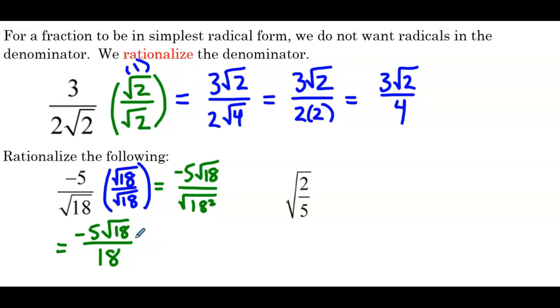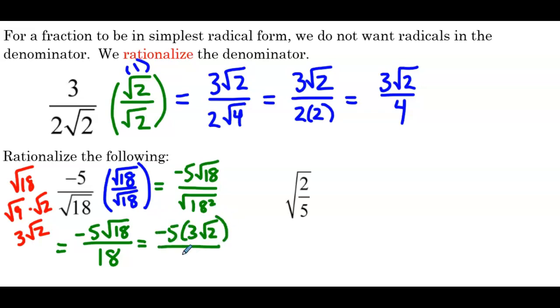Now we have to check the square root of 18. It is not in simplest radical form. Okay, so just doing a little bit of side work, the square root of 18 can be expressed as the product of the square root of 9 times the square root of 2. So square root of 9 is 3 times the square root of 2. So putting that into our expression, we have negative 5 times 3 square root of 2 over 18.